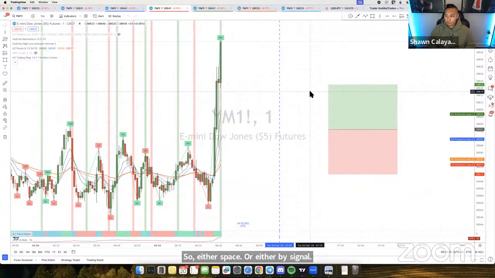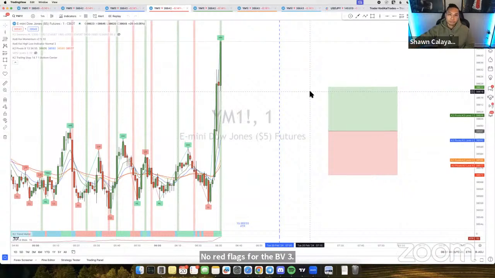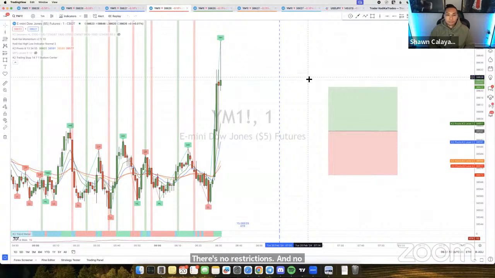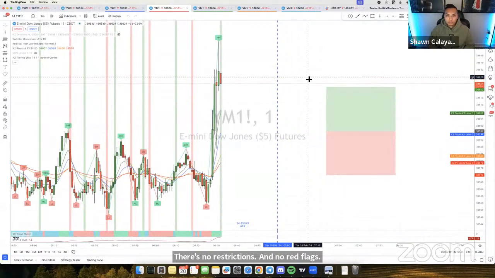No red flags for the BV3, Randy. It's just straight up, it's like the PRB for the breakout. There's no restrictions and no red flags. Looks like we're going to get space right here. All right, so we got the space right there.